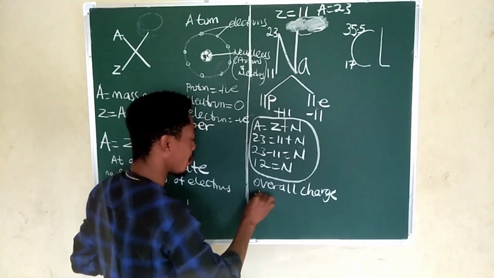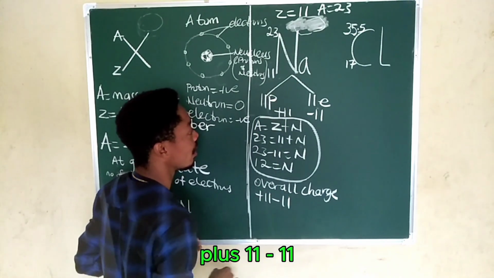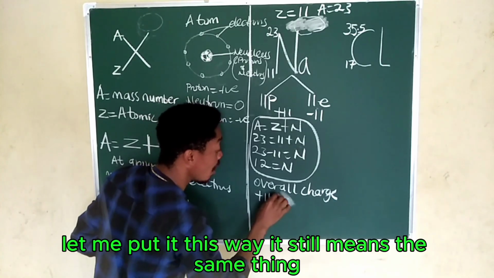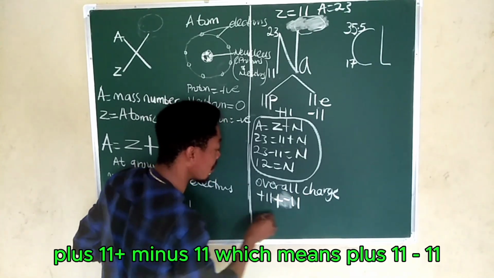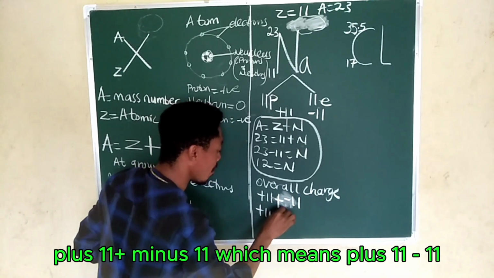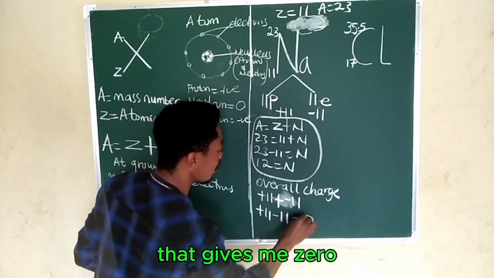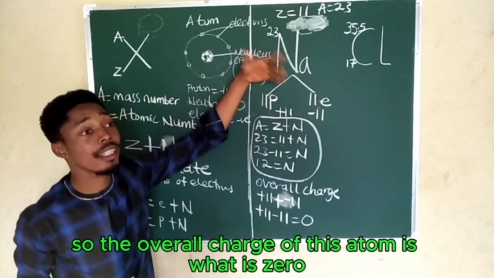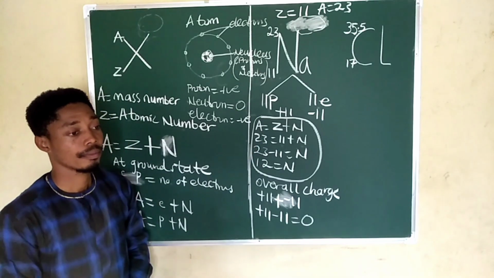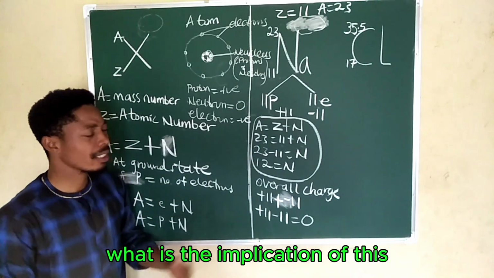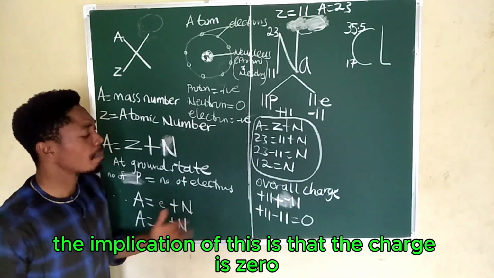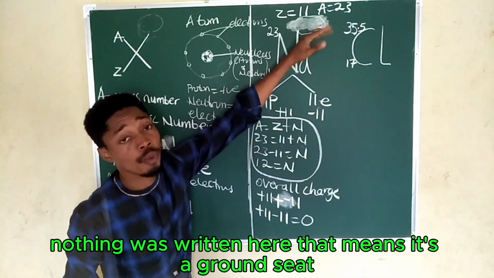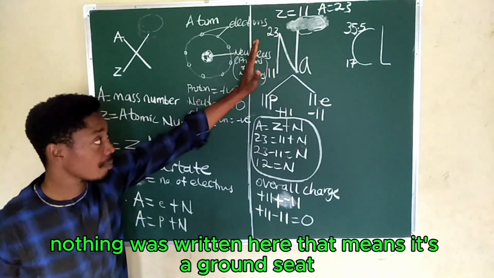Plus 11 plus minus 11, which means plus 11 minus 11. That gives me 0. So the overall charge of this atom is 0. What is the implication of this? The implication is that the charge here is 0. Nothing was written here. That means it's at ground state.